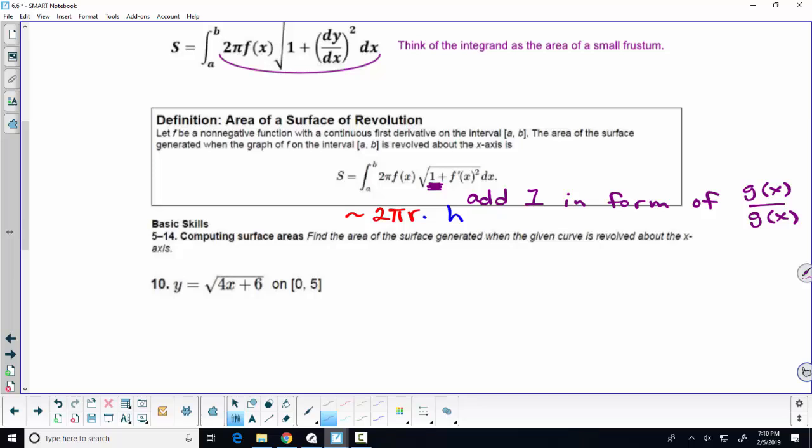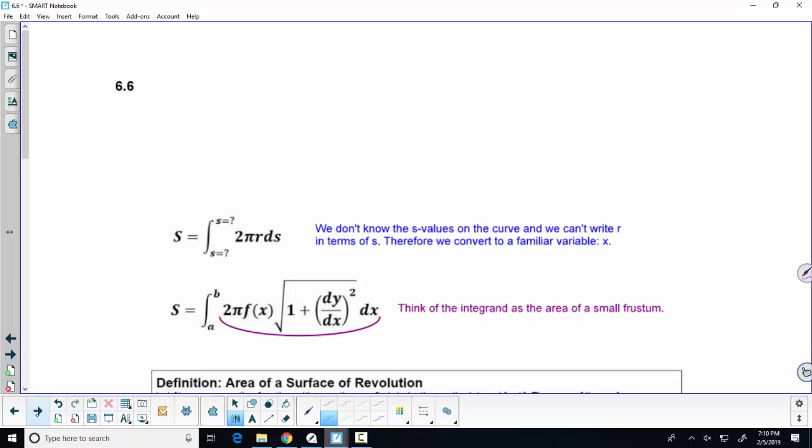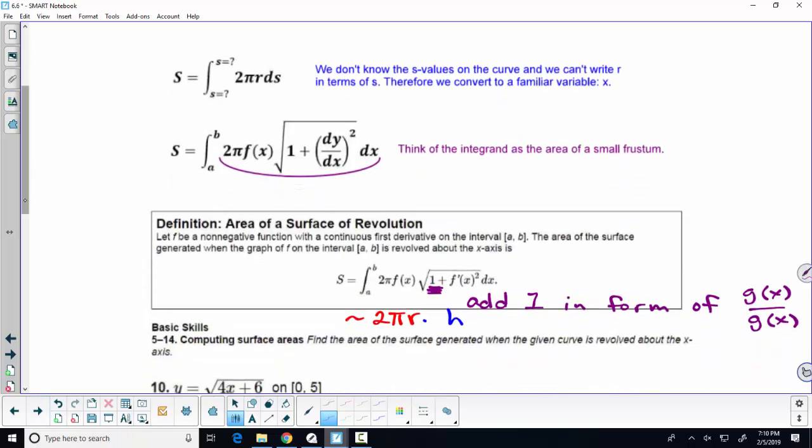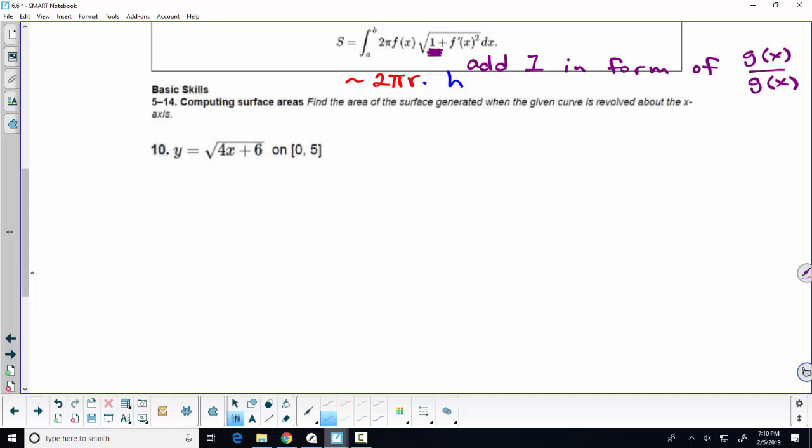This formula for the arc length was the integral, right? So if we just ignore the 2 pi f of x, you have the arc length. We've got to find the derivative, we've got to square it, we've got to add 1 to it.